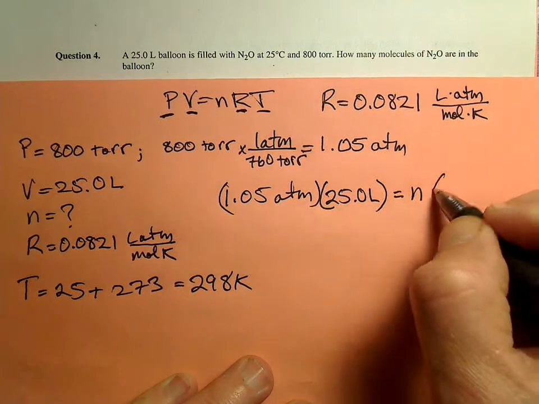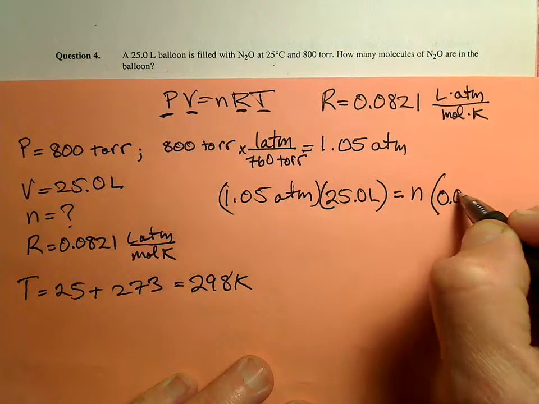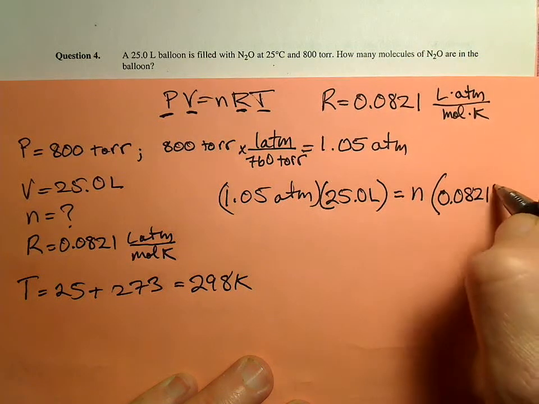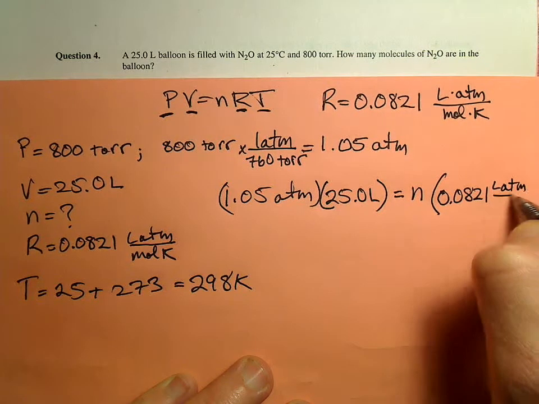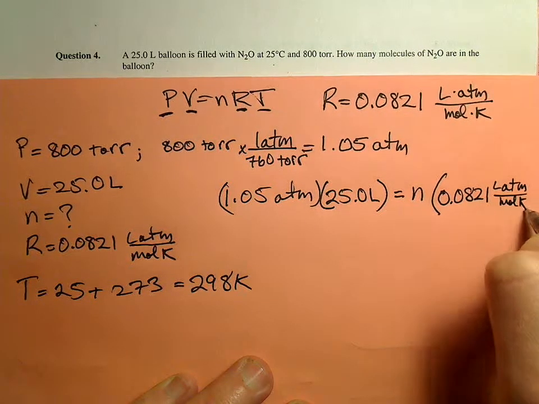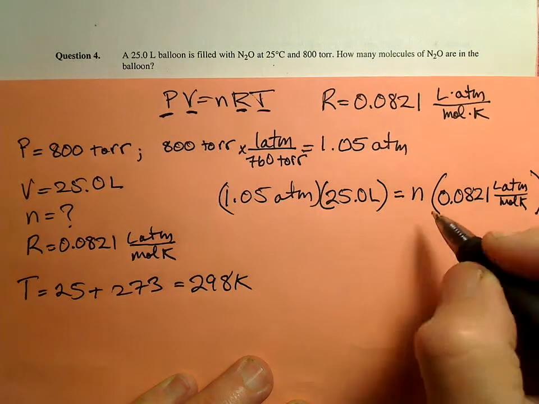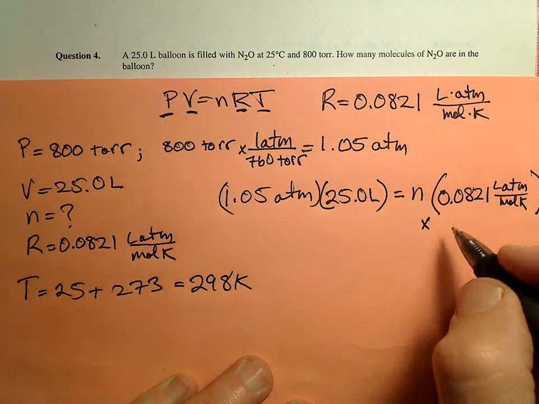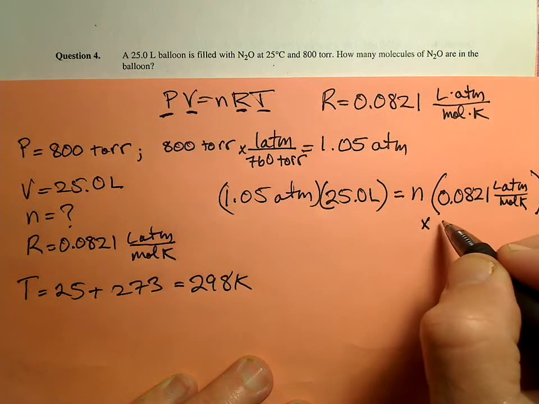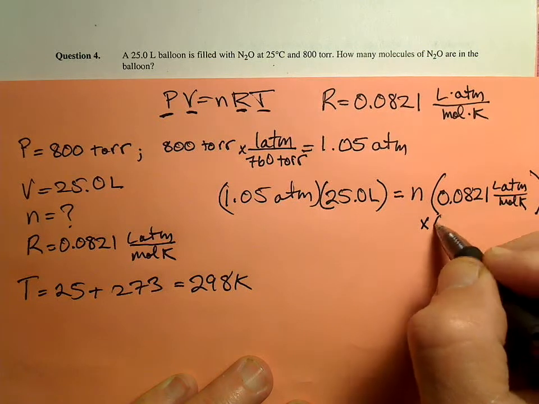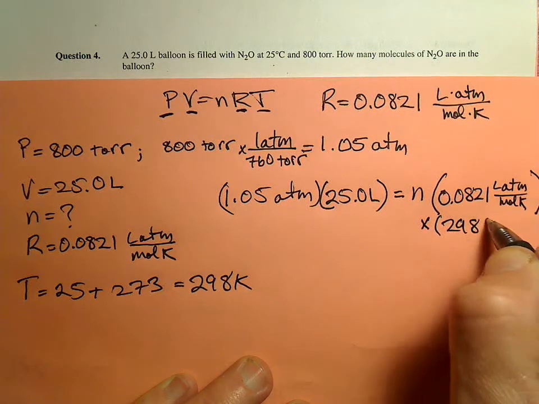And we don't know n. R is 0.0821 liter atmospheres per mole kelvin. Times T, which is 298 kelvins.